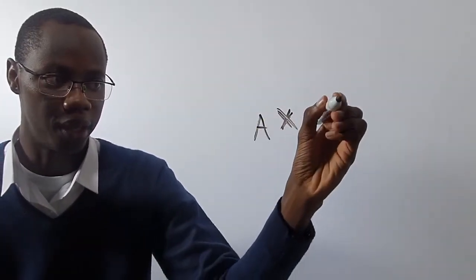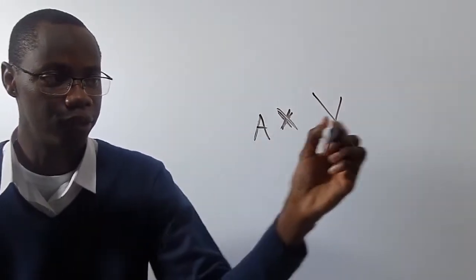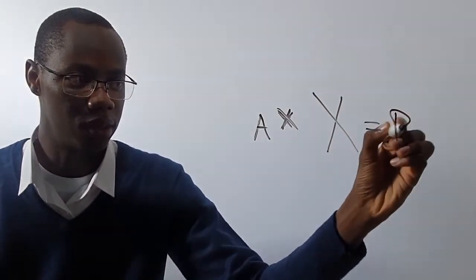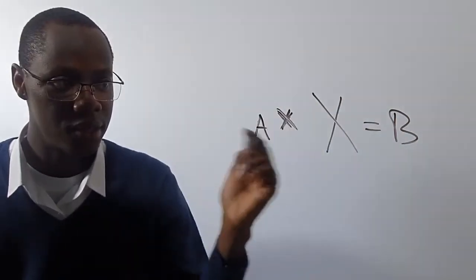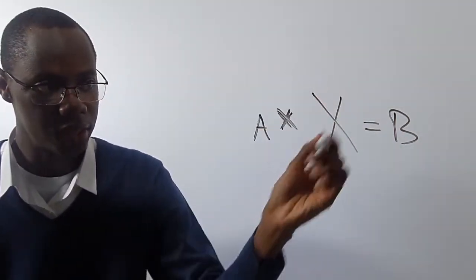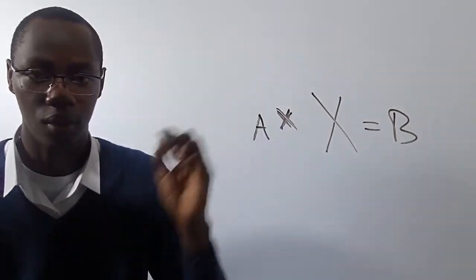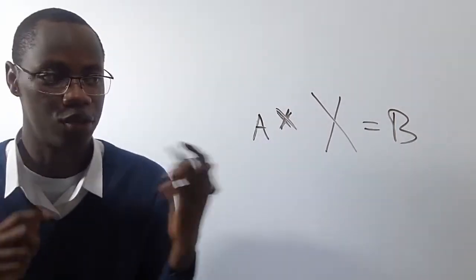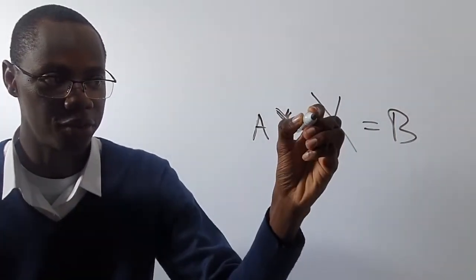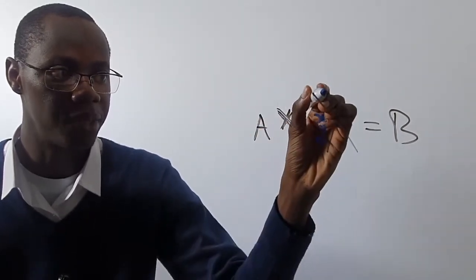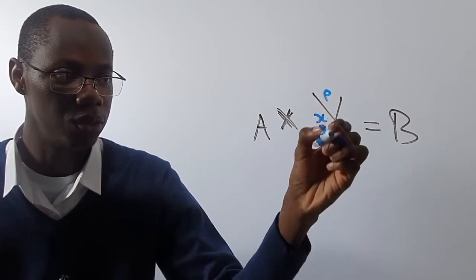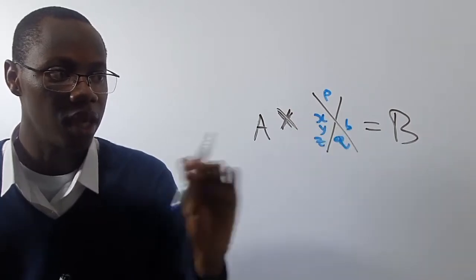Alright, so before we even start solving, if A is multiplied by X, for example, and it is equal to B, this is how we'll find the answer. This big X represents all the unknown variables that we're trying to find. Inside this X we could have x, y, z, p, q, anything.